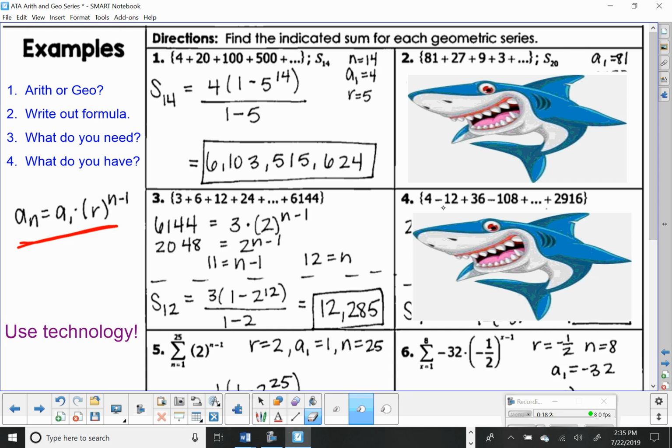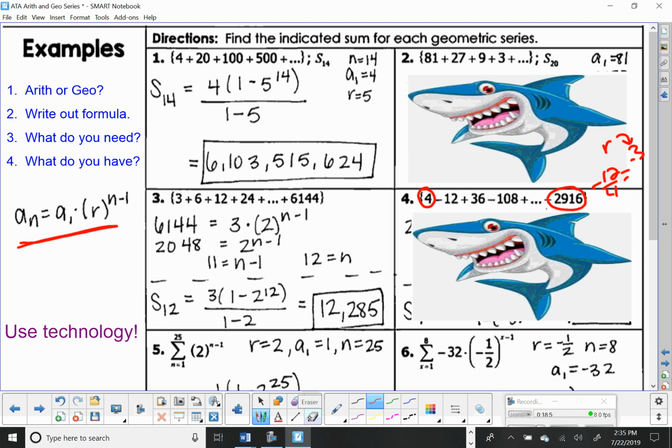Over here, again, I don't know which term 2,916 is. I have to first figure that out. So negative 12 divided by 4 is negative 3. That's my r value. My first term is 4. My last term is 2,916.